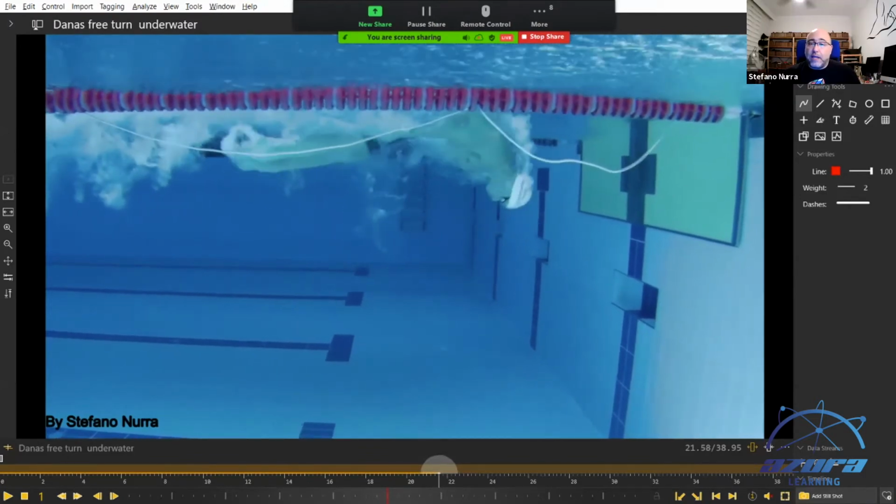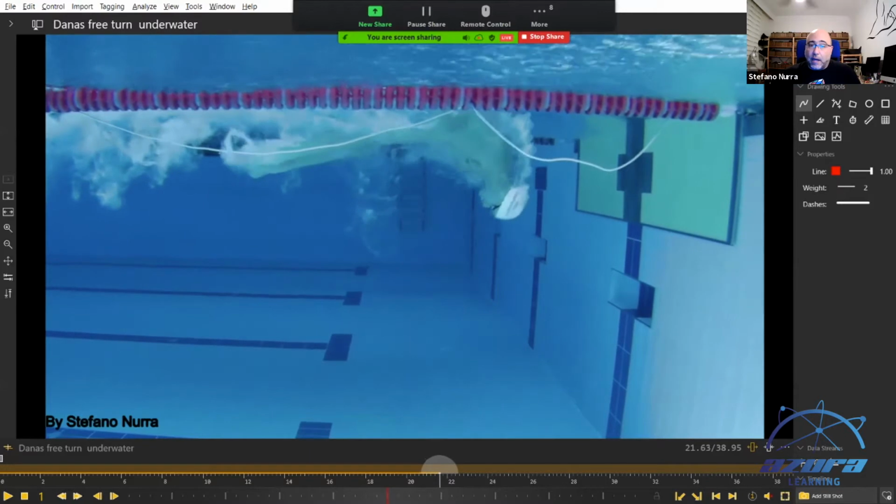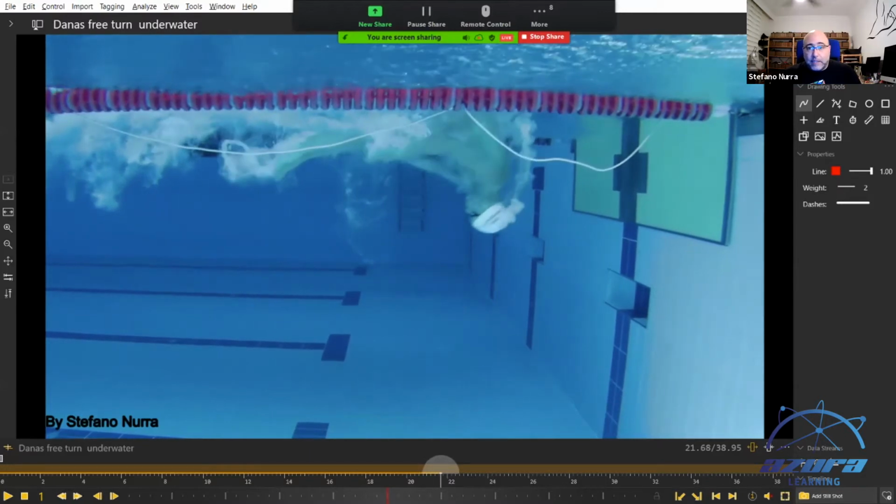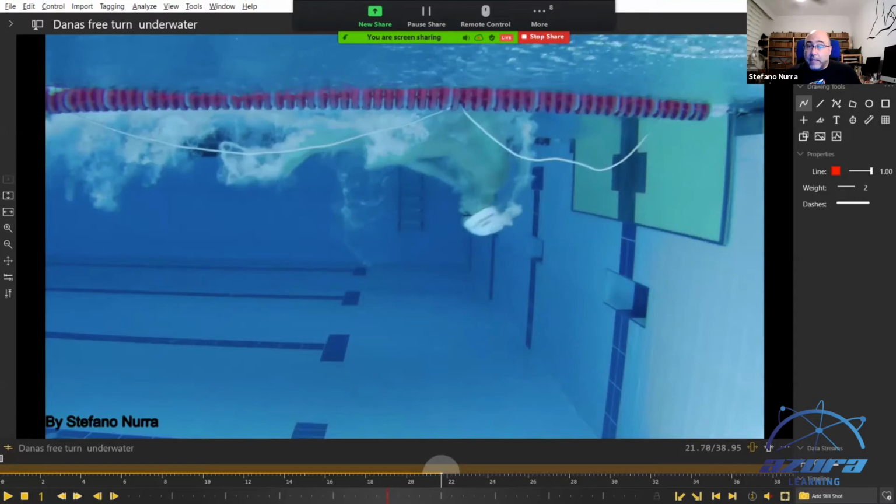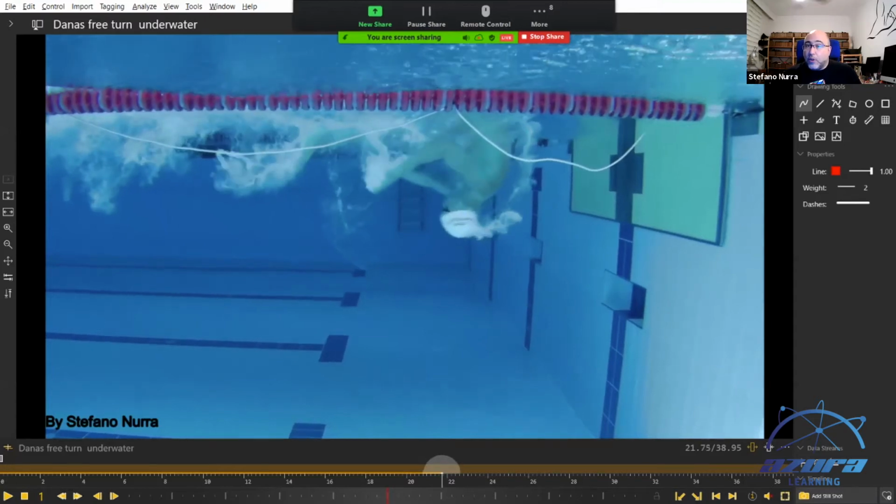To do the fly kick means that after the fly kick, the legs are straight. If the legs are straight, it's more difficult to move the knees to the chest and the feet to the hips.